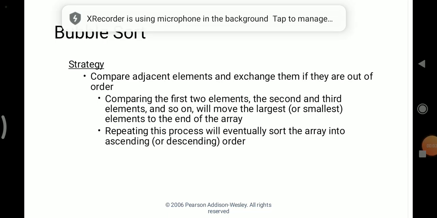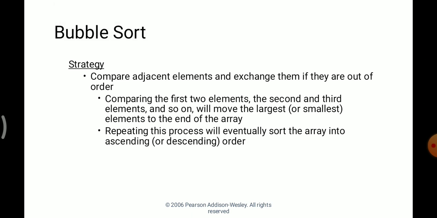Now today's topic is the bubble sort. In bubble sort, the strategy is comparing adjacent elements and exchanging them if they are out of order, comparing the first two elements, the second and third elements, and so on.